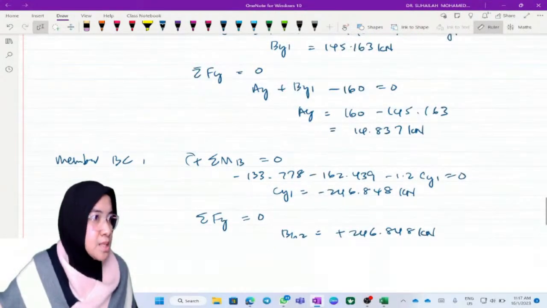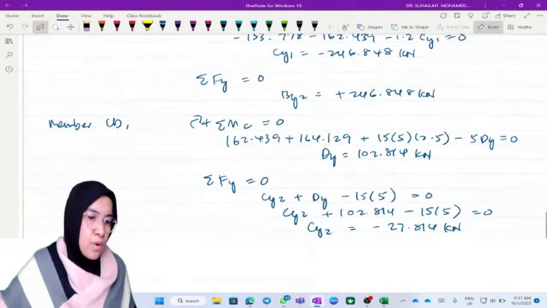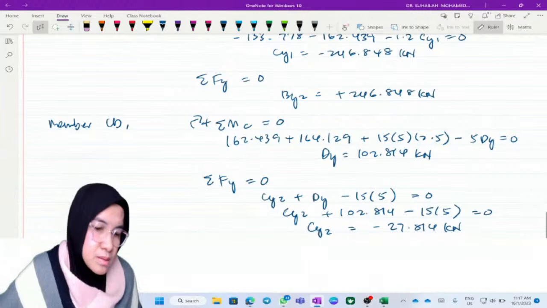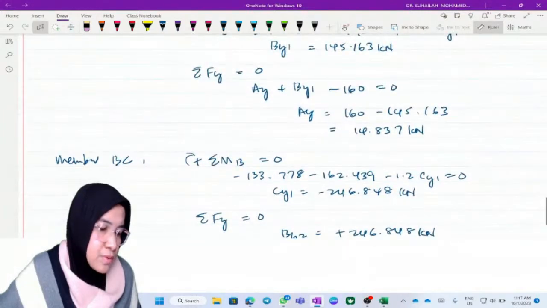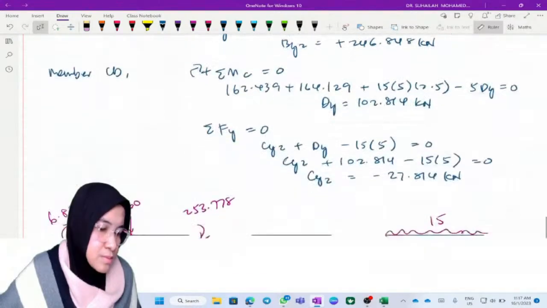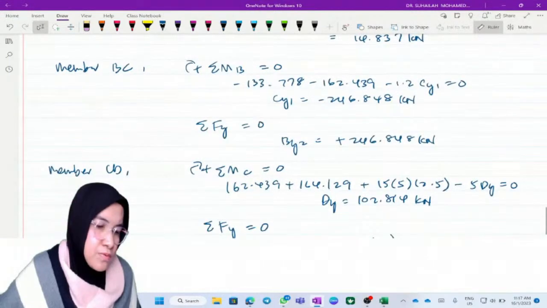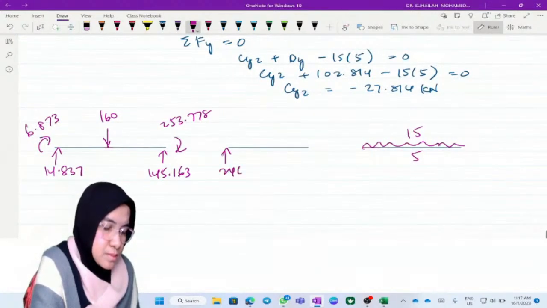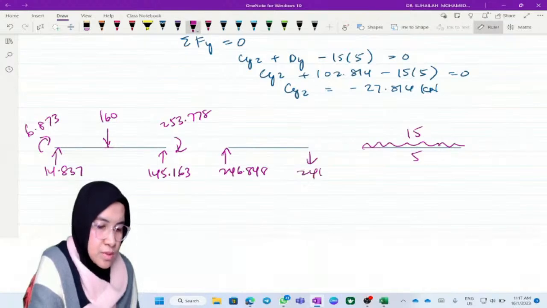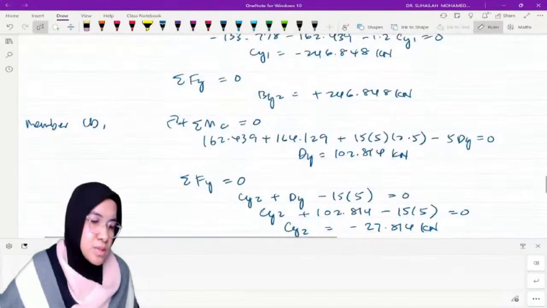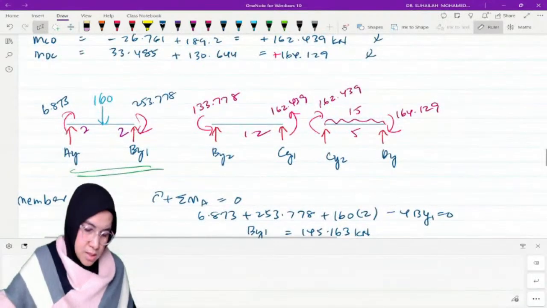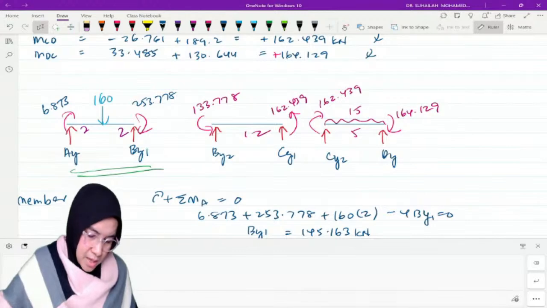For BC and CB, we have 246.848, positive and negative. The moments are negative: 133.778 and 162.439.